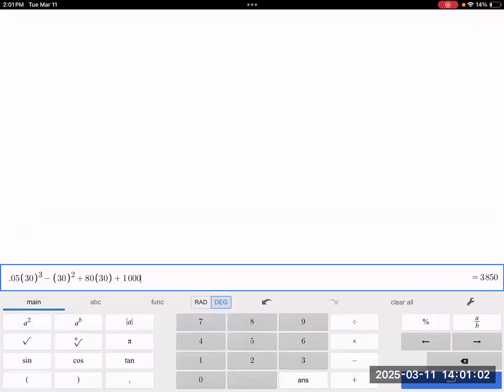And let me just double check that I wrote that all right. All right, so we have 3,850. And if we change that to a 60, and this to a 60, and this to a 60, we have 13,000.